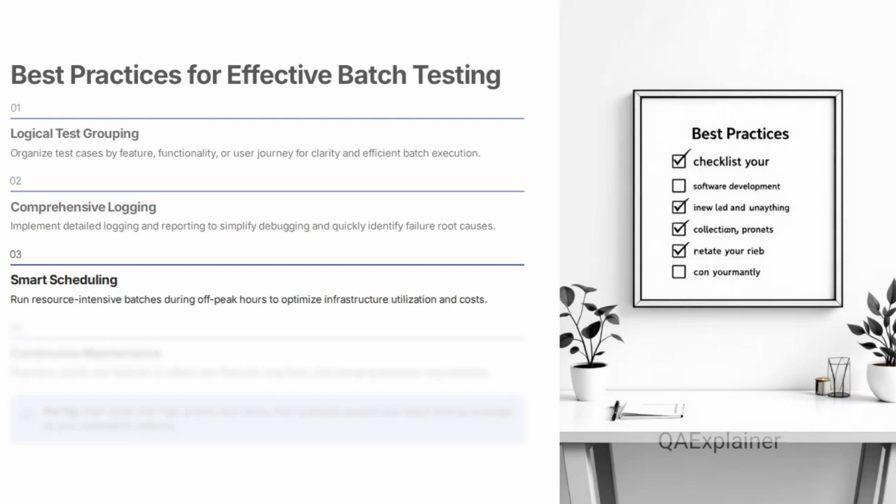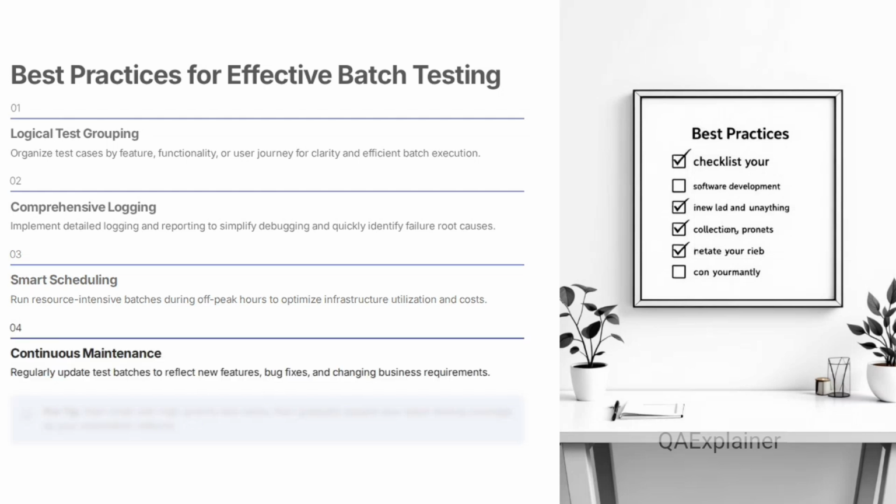Here we optimize resources, considering peak hours, infrastructure, and infrastructure utilization cost. And the last is continuous maintenance. It helps to update the test batches to reflect new features, bug fixes, and changing business requirements. Those are the best practices for efficient batch testing.